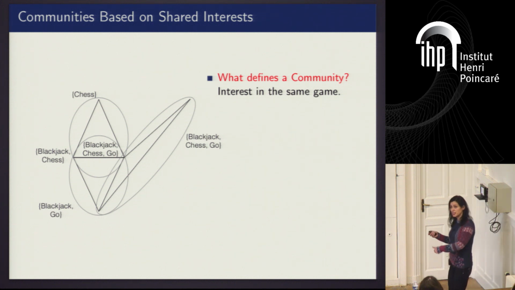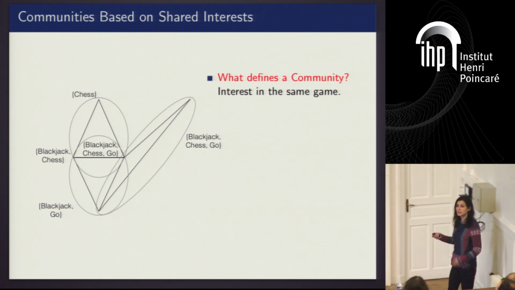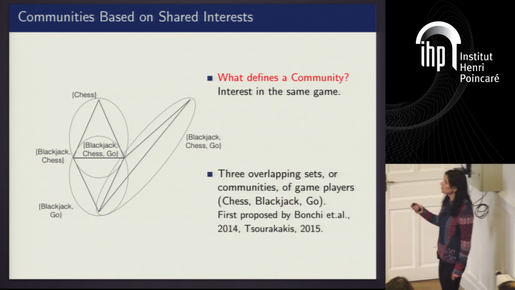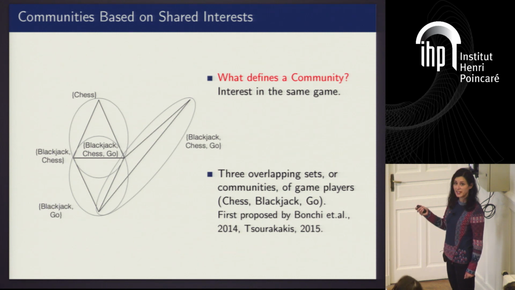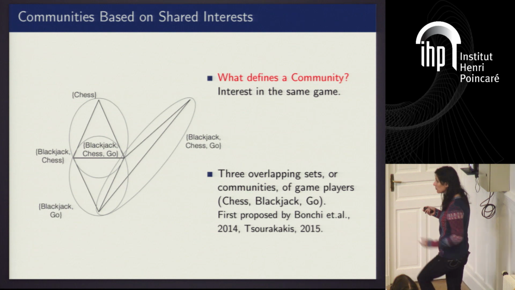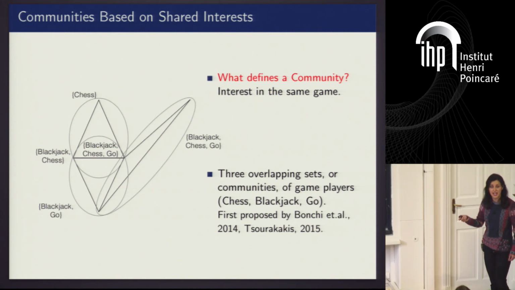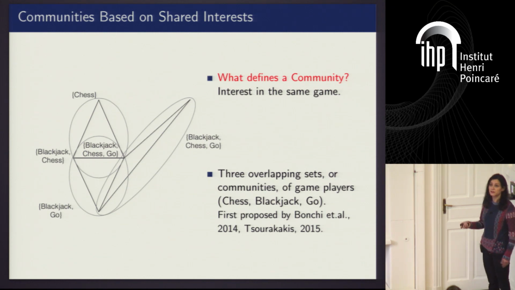So each feature gives rise to one community, and the communities can intersect. In this case, we have 3 communities, 1 for each game: blackjack, chess, and Go. And we can basically explain the graph structure by using such assignments, not just for games, but for anything we know the network entities are interested in.